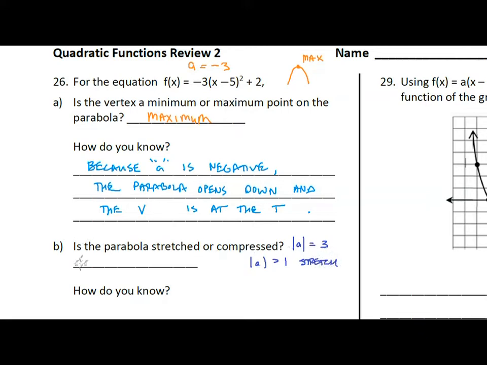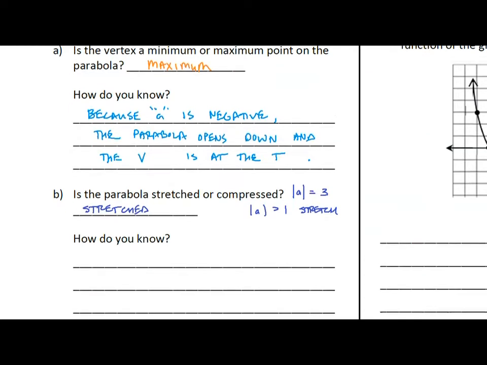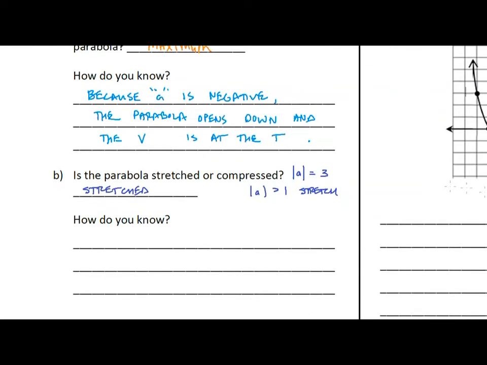So it is stretched. And the question is, how do you know? You can write this answer however you want. Here's my evidence. So I would write something like this. Because the absolute value of a is greater than 1, I know the parabola is stretched. That's the easiest way to describe it.